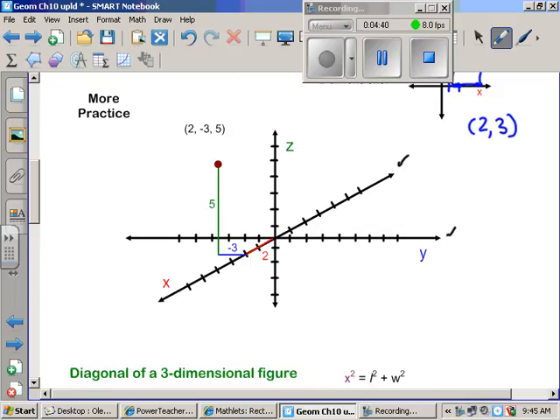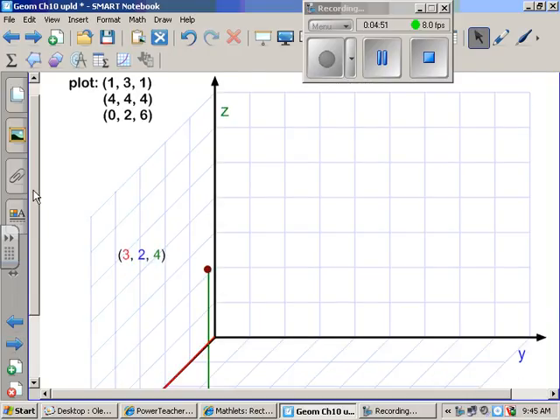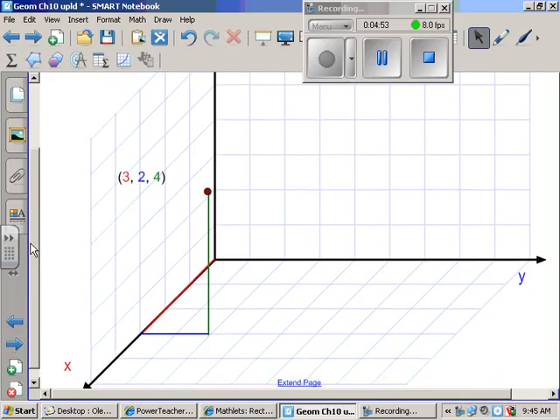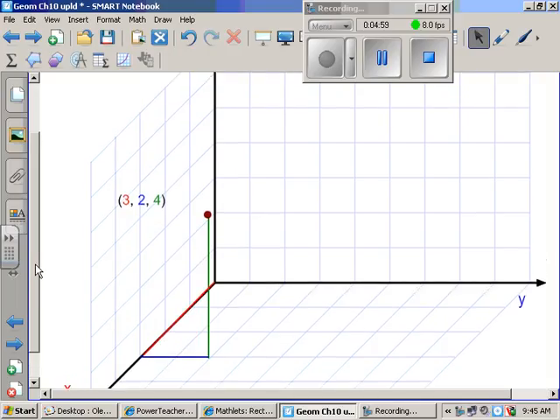Okay, so this may take a little bit of time to look at. Another way of looking at it, graphing wise, is this very common 3-dimensional graph. You see how we have X, Y, and Z.